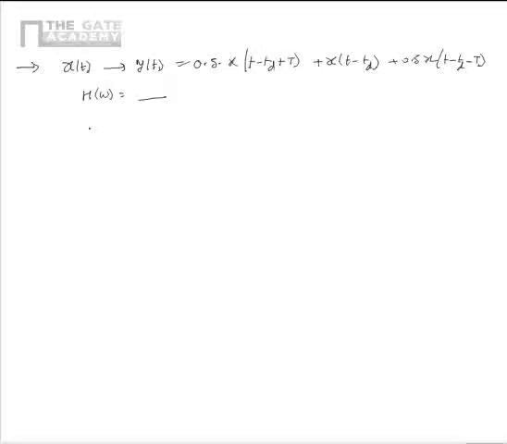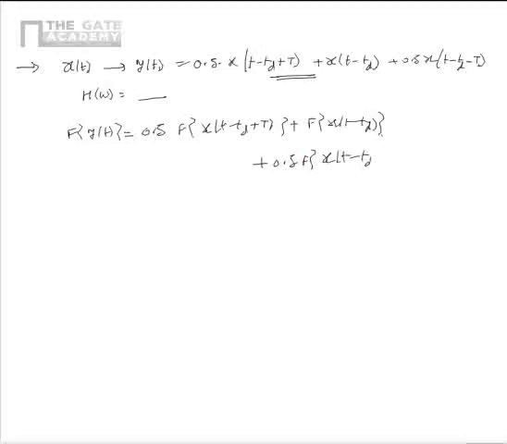We know that by taking Fourier transform on both sides of the given relation, we get that Fourier transform of y of t is equal to 0.5 times Fourier transform of x of t minus td plus capital T, plus Fourier transform of x of t minus td, plus 0.5 times Fourier transform of x of t minus td minus T. So the right side can be simplified.